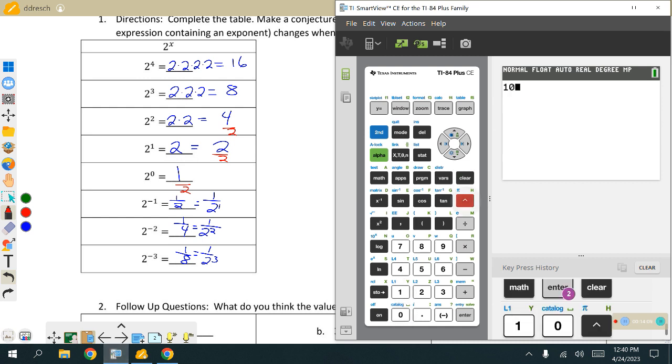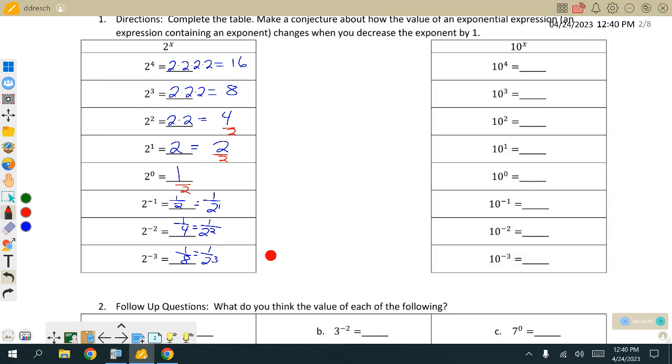I say, 1 with how many zeros? It's a 1 with whatever that power is. So 4 zeros. But what you should then start to see is a pattern. On the next one, 10 is going to be a 1 with 3 zeros.